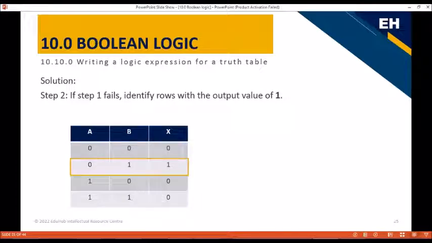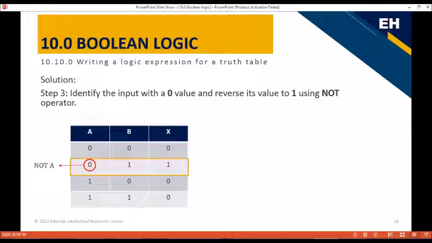Now, if step 1 fails, identify rows with the output value of 1. So we have identified the second row to be the only row with the output of 1. Now, step 3, identify the input with a 0 value and reverse its value to 1 using NOT gate.